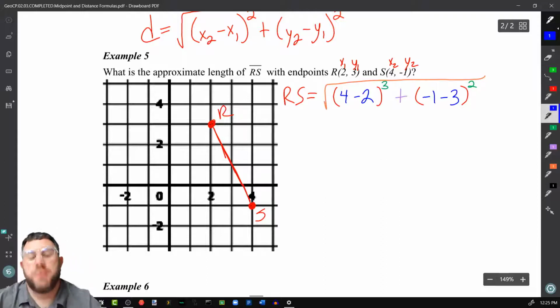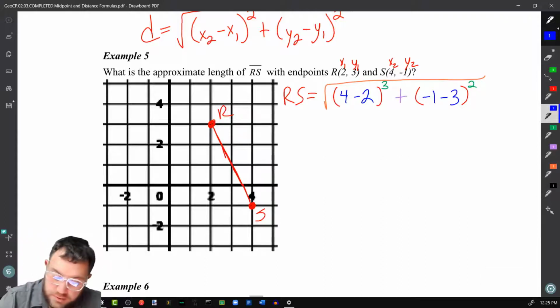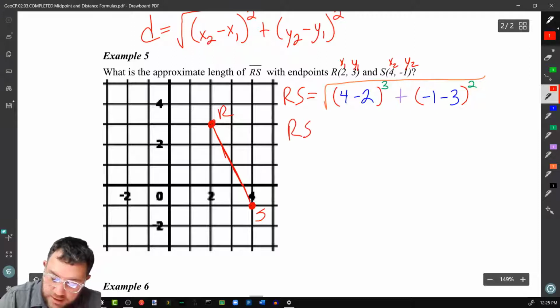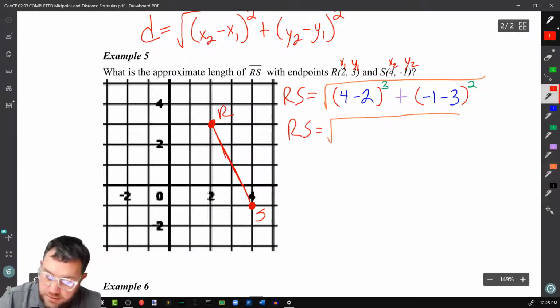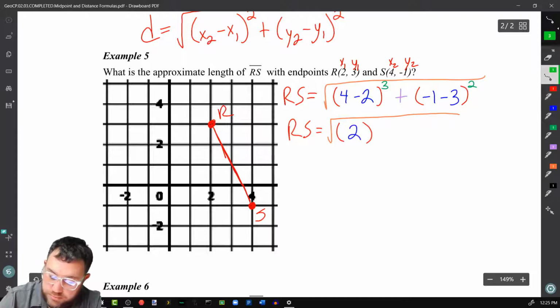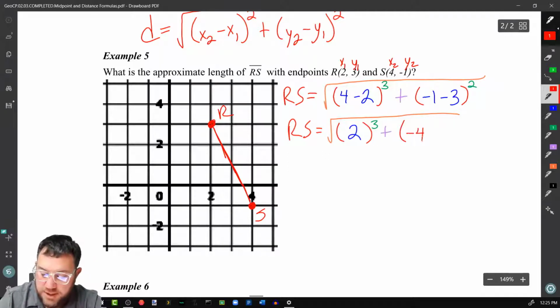So first I'll do what's in blue. And the RS equals will stay the same. Still have a big square root. 4 minus 2 is 2. Negative 1 minus 3 is negative 4.